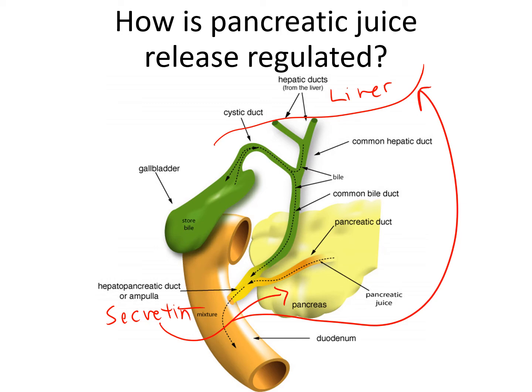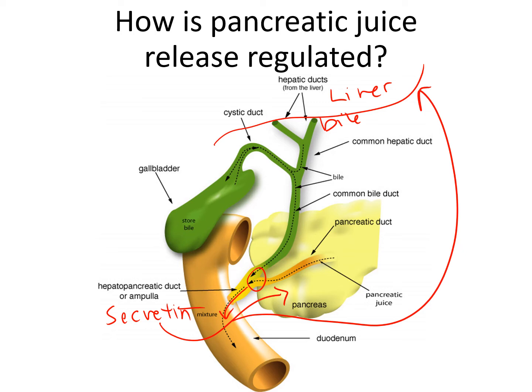Those two organs now release secretions back to the small intestine. So what do you think the liver is going to release? Bile. Okay, let's trace it. Bile comes from these right and left hepatic ducts, down through the common hepatic duct, down through the common bile duct. The common bile duct joins with the main pancreatic duct right here, and then bile is now dumped into the small intestine.